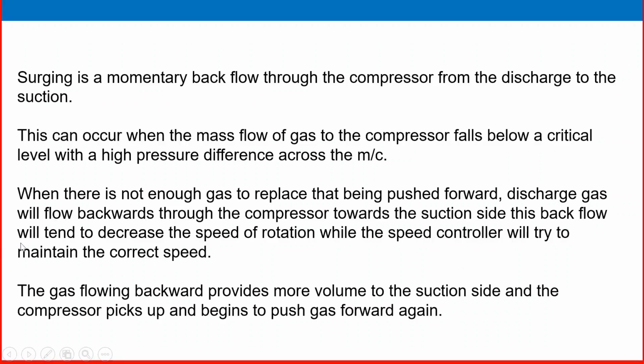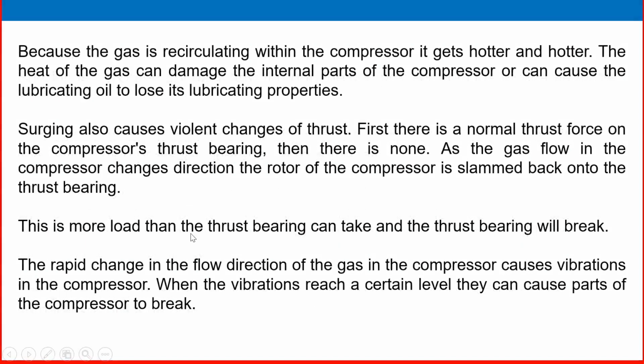This backflow tends to decrease the speed of rotation, while the speed controller will try to maintain the correct speed. The gas flowing backward provides more volume to the suction side, and the compressor picks up and begins to push gas forward again.